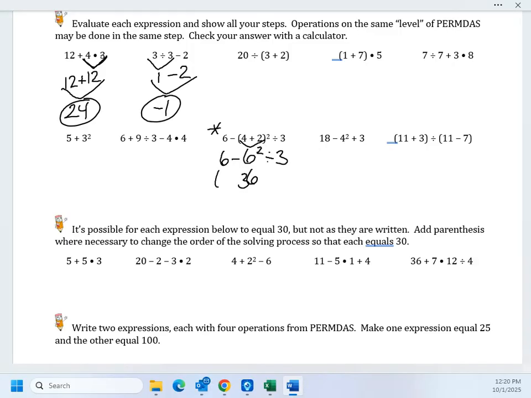And I bring down the rest of my operations. So now I have 6 minus 36 divided by 3. What comes next? Ellie. 36 divided by 3. Yeah, because I have to divide before I can subtract. So 36 divided by 3 is what?